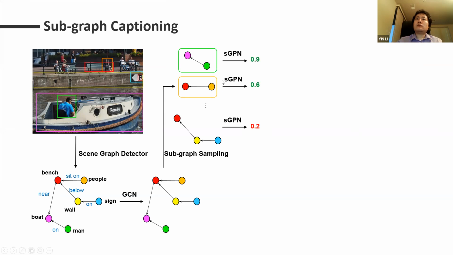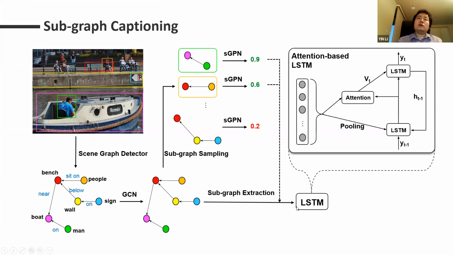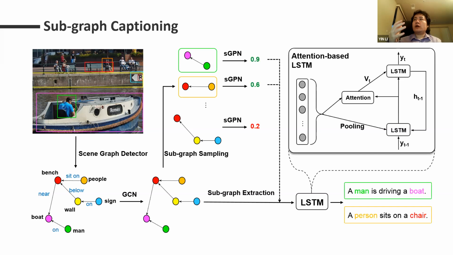And we use this selection process to re-rank these subgraphs. Only those subgraphs that have pretty high scores will be decoded using this attention-based LSTM, and each subgraph will thus generate a unique caption.